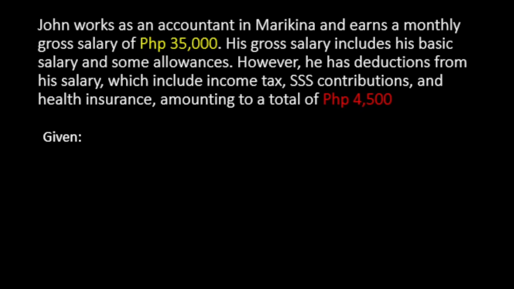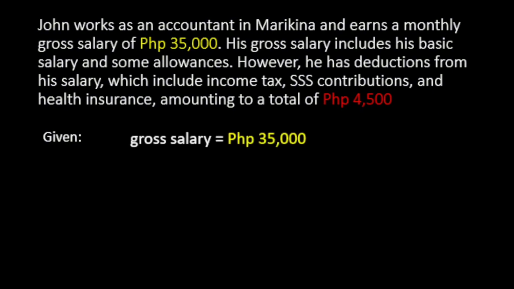John works as an accountant in Marikina and earns a monthly gross salary of 35,000 pesos. His gross salary includes his basic salary and some allowances. However, he has deductions from his salary, which include income tax, SSS contributions, and health insurance, amounting to a total of 4,500 pesos.